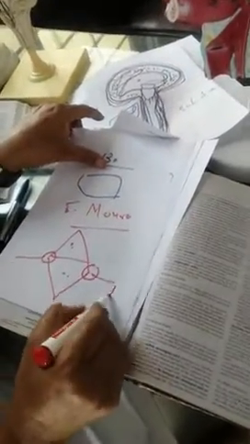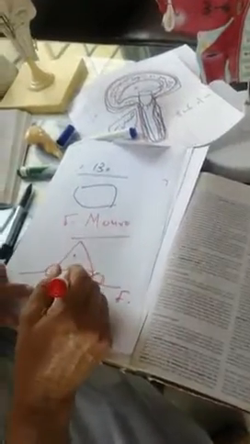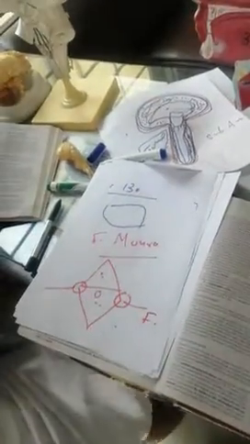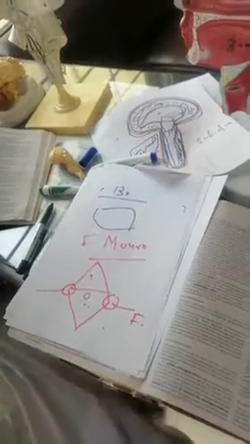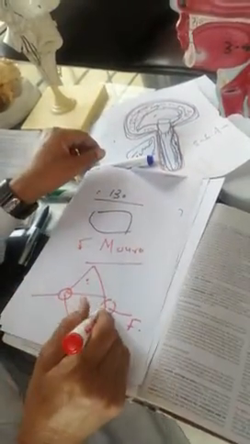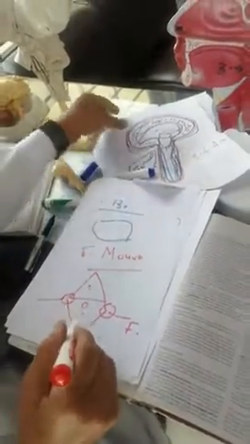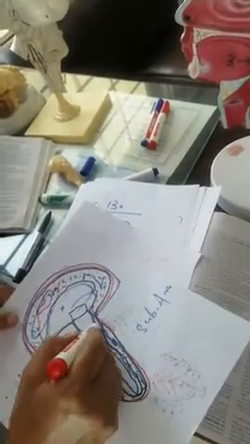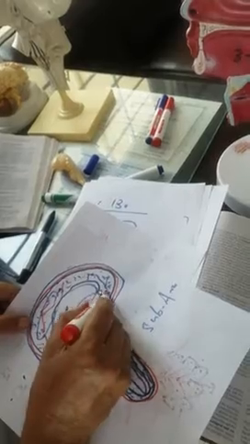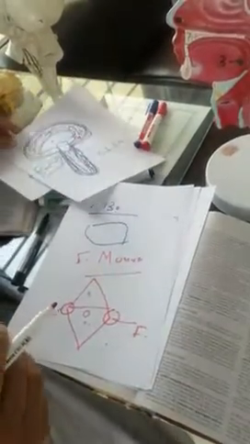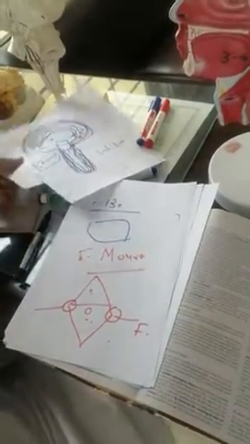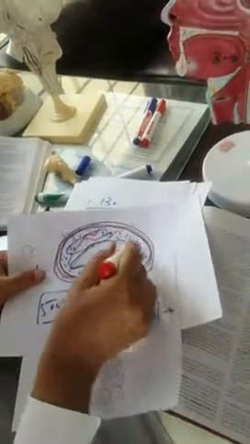These are called the foramina of Luschka, and one foramen in the median of the roof over here, that is called the foramen of Magendie. From the foramina of Luschka and the foramen of Magendie, the CSF enters into the cisterna, which we call the cisterna magna and cisterna pontis, which are actually parts of the subarachnoid space.